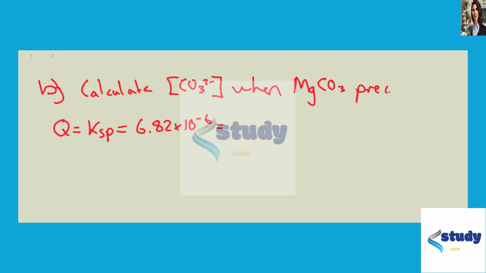And this is equal to the concentration of magnesium times what we're solving for, CO3 2 minus. So carbonate concentration is 4.87 times 10 to the minus 4 molar.